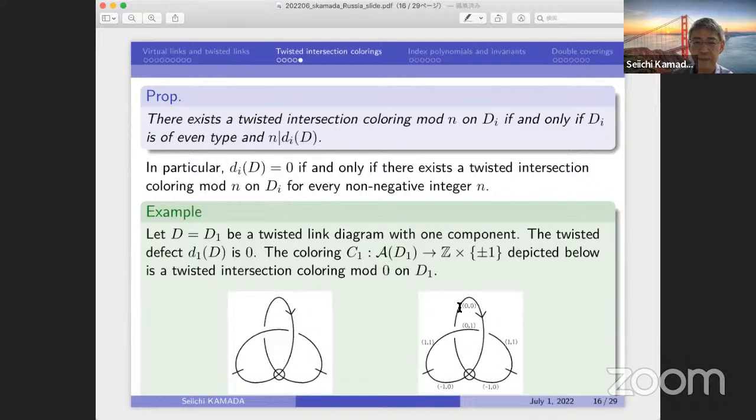Modulo 0 means the first component is valued in the integers. And the second component, I'm sorry, I should say this: the second component should be plus or minus 1. But in some figures, I'm taking the second component to be 0 and 1. So if you see in the figure that the second component is 0, then please consider 0 as minus 1.